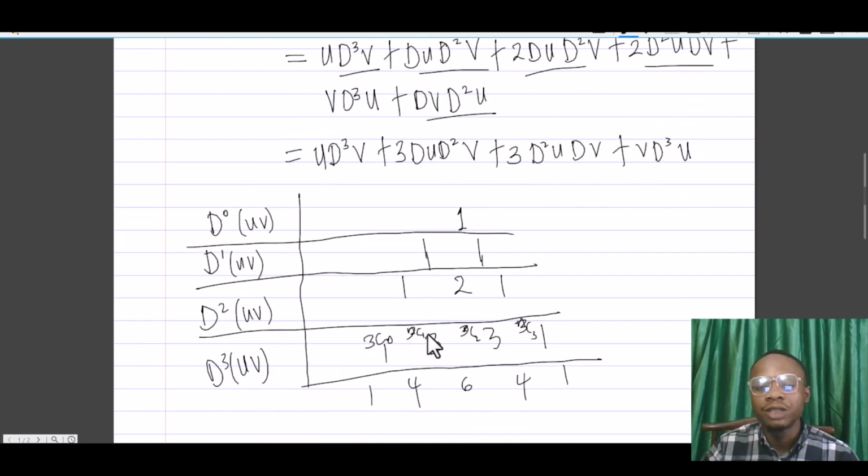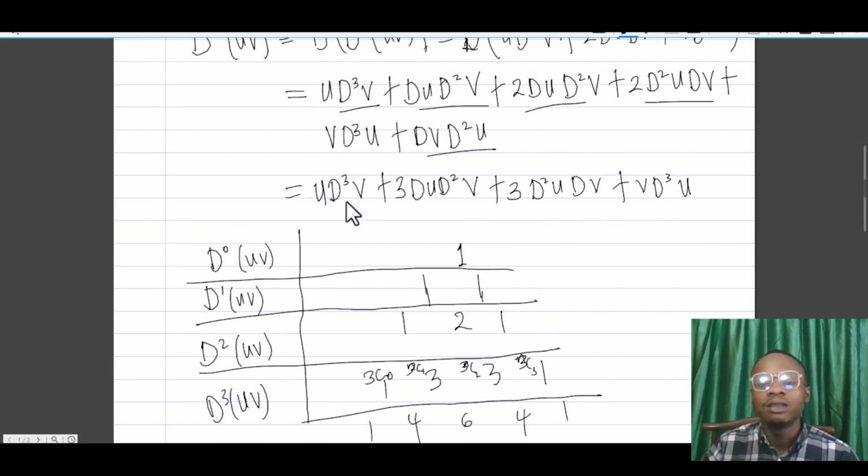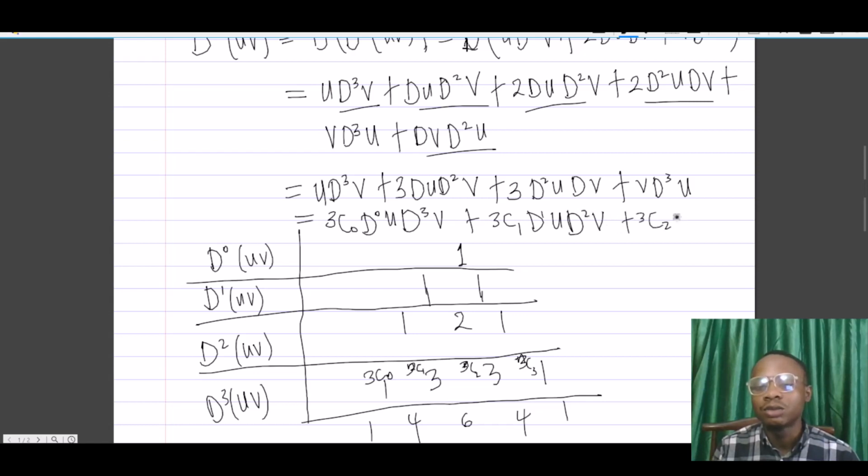We have seen the coefficient already is given by this combination, and this is the same thing as writing 3 combination 0, d to power 0 of u, then d to power 3 of v. Plus the next one is going to be 3 combination 1, then d to power 1 of u, then d to power 2 of v. Then the next one will be 3 combination 2, d to power 2 of u, then d to power 1 of v.